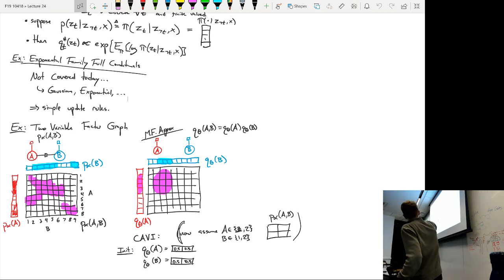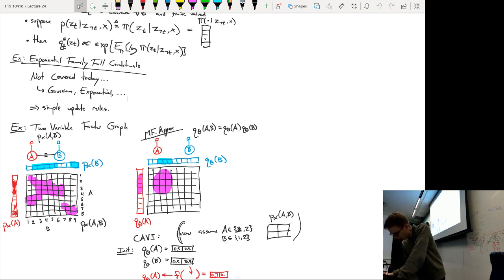CAVI is going to initialize Q theta of A and Q theta of B, and then it's going to update Q theta of A as some function of Q theta of B. That gives us back some new values for Q theta of A. Maybe this is 0.7 and this is 0.3.